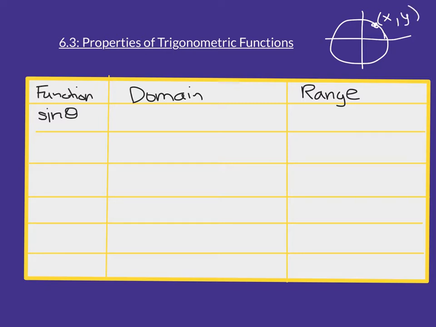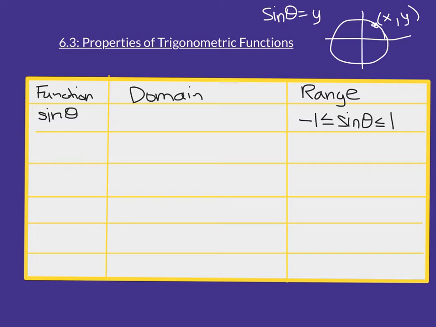So we know that sine of theta is going to be my y value. On the unit circle, you might realize that the highest y value you can have is 1, and the lowest y value you can have is -1. That's actually going to be my range. So my range is that sine is between 1 and -1.